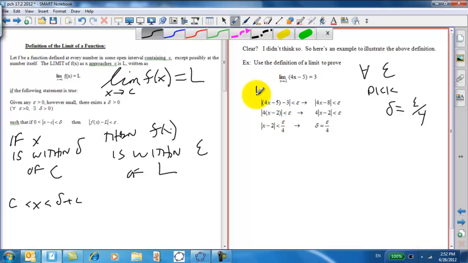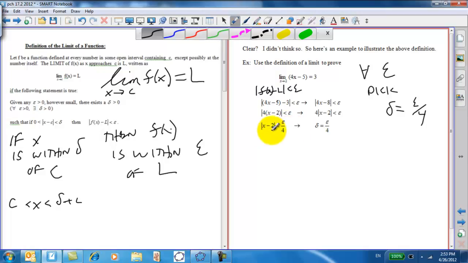So we start with the absolute value of f of x minus L is less than epsilon. Okay? Simplify that down. In this case, f of x is 4x minus 5. L is 3. And that means an absolute value of 4x minus 8. Factor out the 4. We can distribute absolute value over multiplication. So it's 4 times the absolute value of x minus 2 is less than epsilon. Divide both sides by 4.